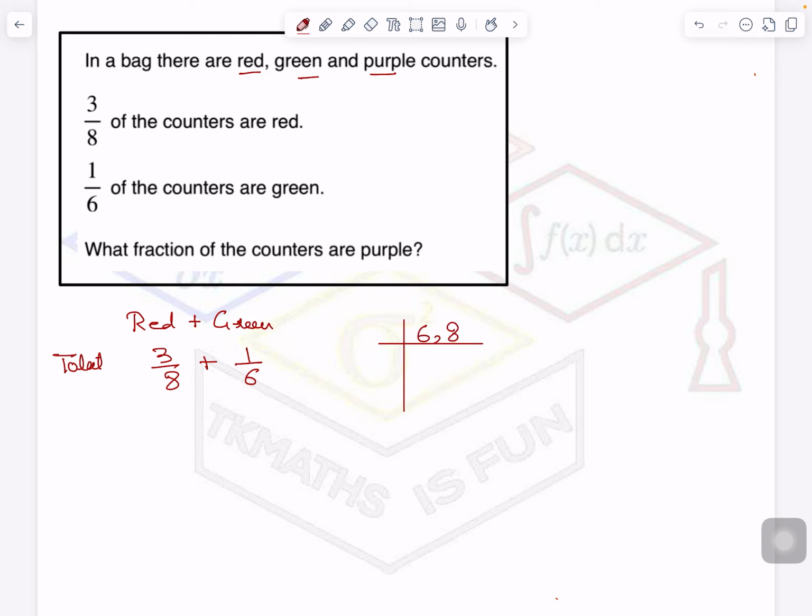So we start with the smallest number. 2 3s are 6, 2 4s are 8. For LCM, you keep dividing by the smallest number until you reach 1. Now 3 is not a multiple of 2, so I'll write it as it is. And 2 times 2 is 4.